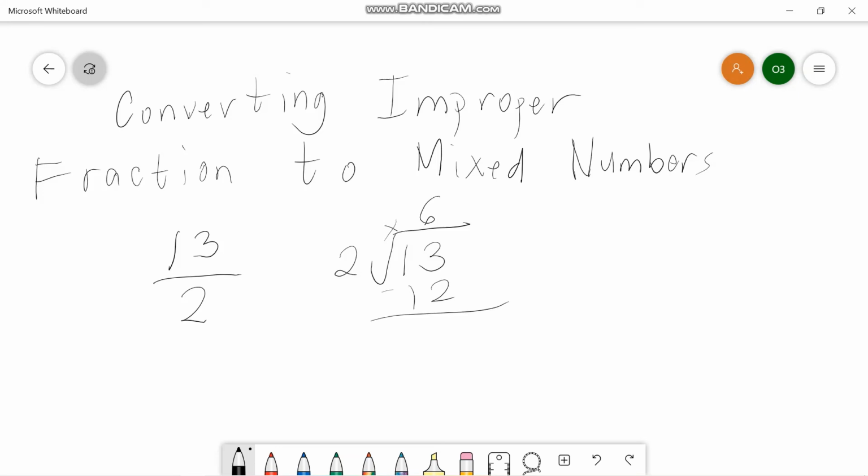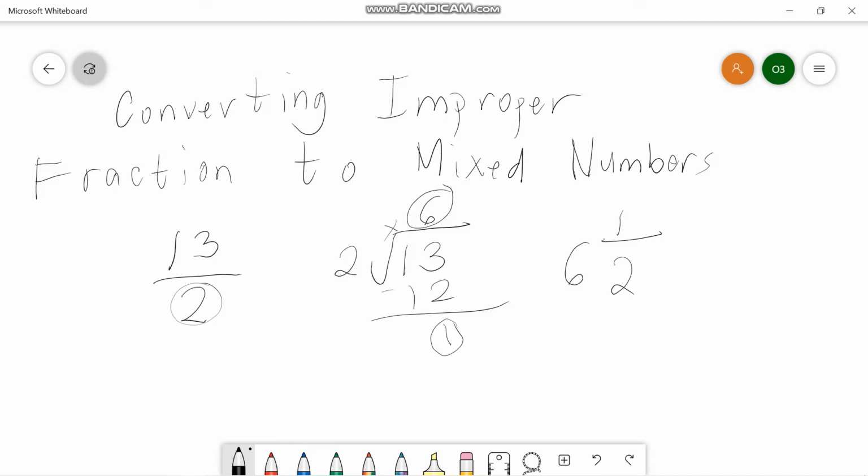13 minus 12 is 1. Now we got the answer. In writing this as a mixed number, you have to get first the quotient. The quotient will be your whole number. Your remainder will be your numerator. And your denominator is the same as your denominator here, which is 2. So now you have 6 and 1/2.